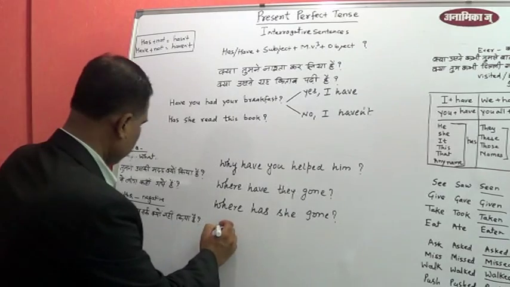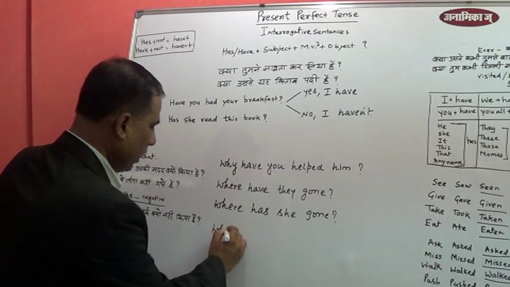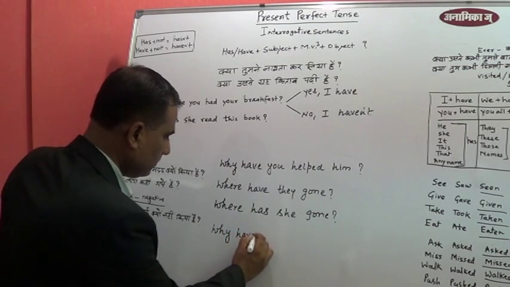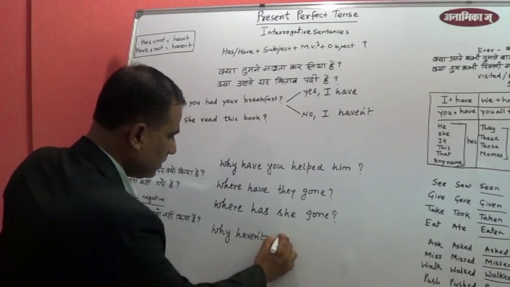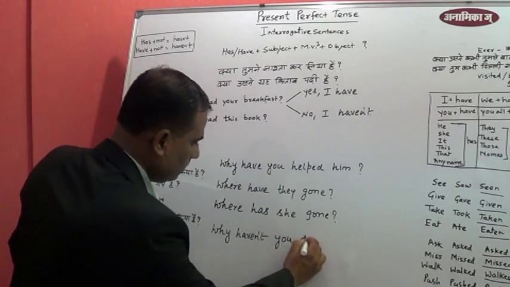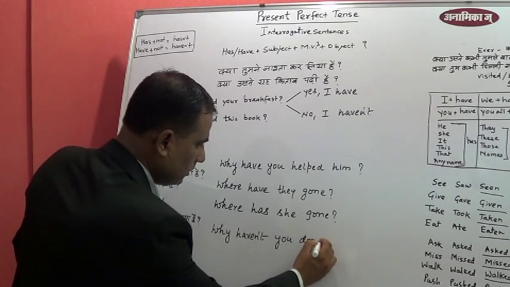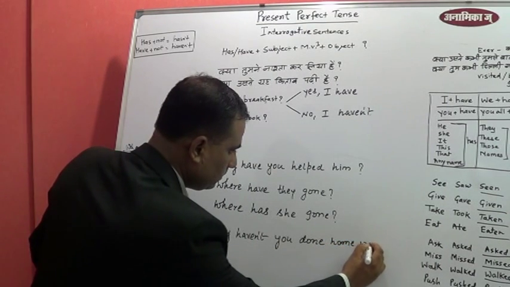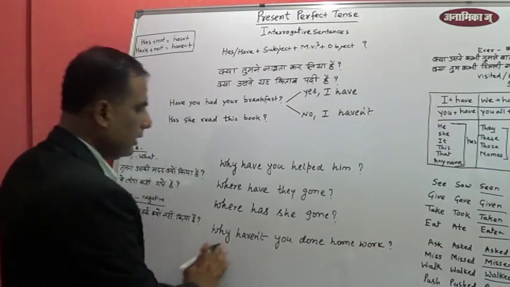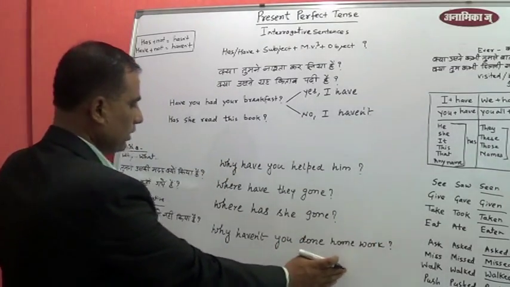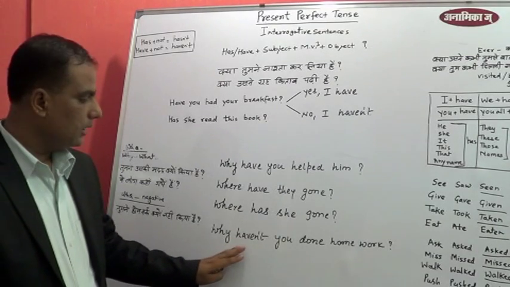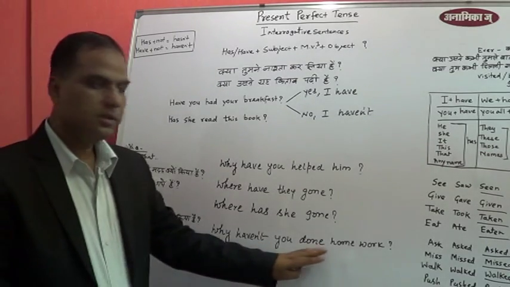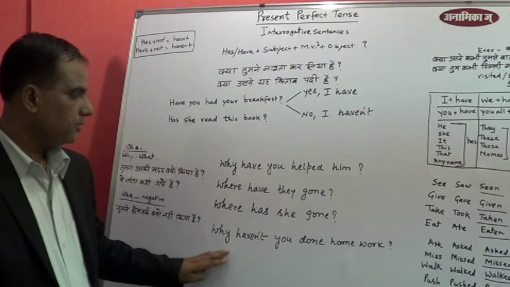So again, this question will start with why, and instead of have, we will have haven't, and then the subject, you, verb, third form, done, and then object, homework. So why haven't you done homework? So by putting this additional not or n't, we have made this WH question a negative question.